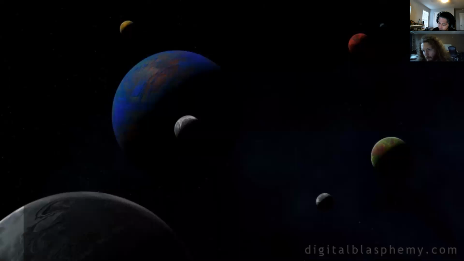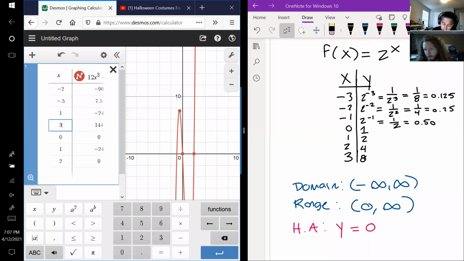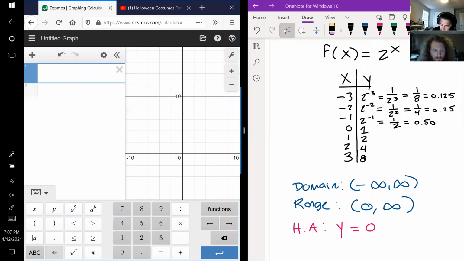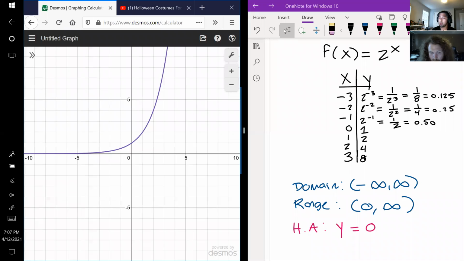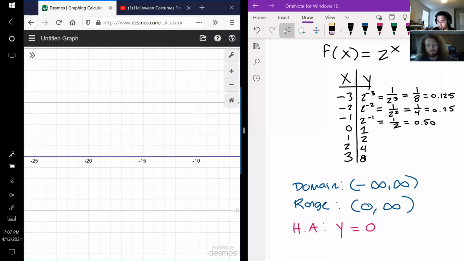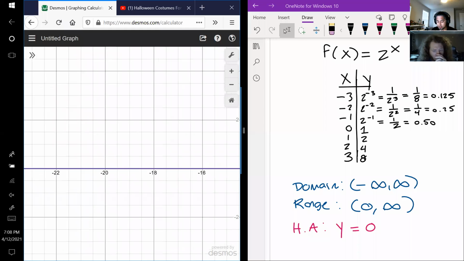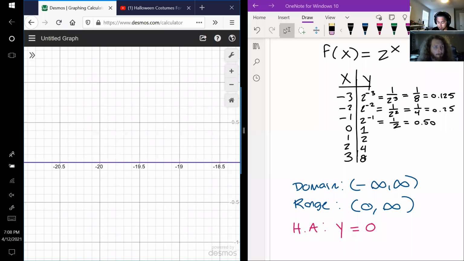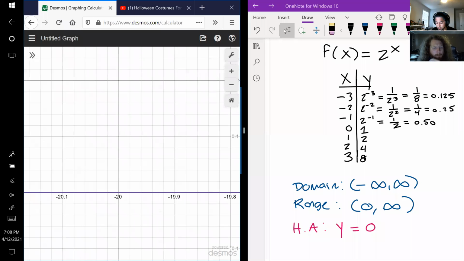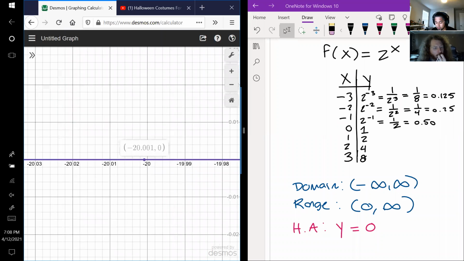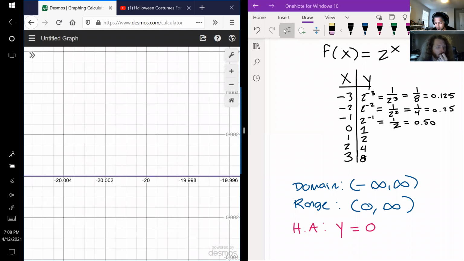Why not? So if I type this function in, 2 raised to the x, there we go. There's our graph. And let's go even further down into negatives. Let's say we'll stop at -20. Why not? And if I zoom in, and constantly keep zooming in, maybe -20 wasn't a good one. Too late. I'm already committed.